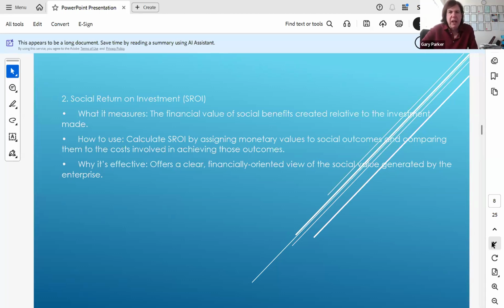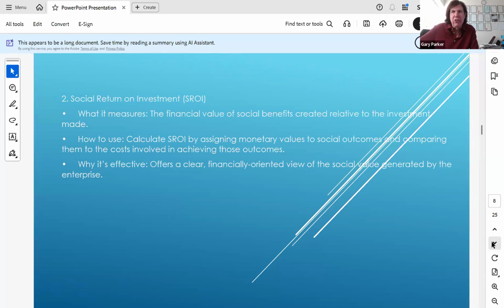How do you use SROI? You calculate it by assessing monetary values to social outcomes and comparing them to costs involved in achieving those outcomes. So they asked people, that project I mentioned, they asked them at the beginning, on average, how many visits to the doctor per month were they having? And they would track this on a quarterly basis to see if the project was having some impact.